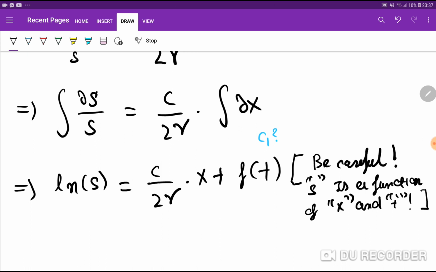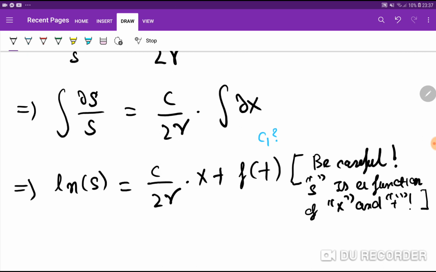So in this case, a constant, which is something not related to x, instead of being a number, could be a function of t as well. So in order to generalize it, you write f(t) instead of c1. Okay, because in this case, that is the most generalized way, and it renders a correct representation for s.